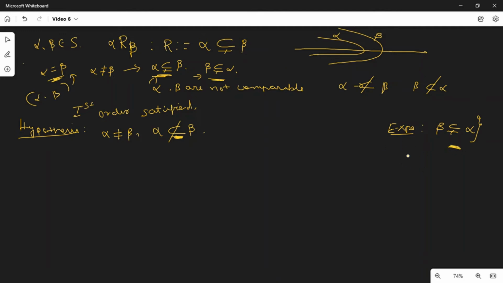That means if alpha is not related to beta, then if our R is an order, beta should be related to alpha. That means beta should be a proper subset of alpha.